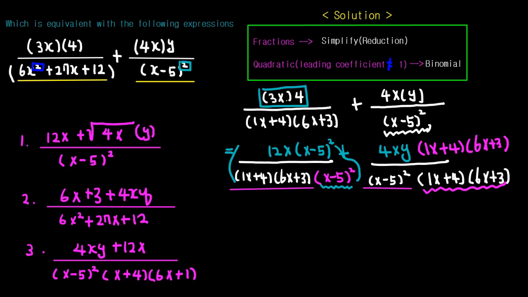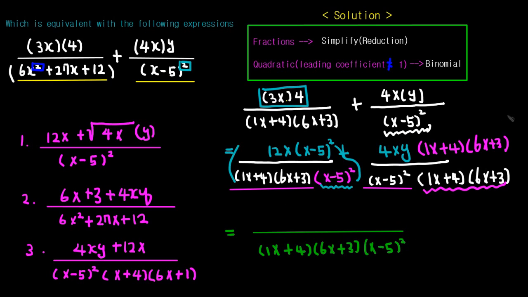And now they share a common denominator, so we can write it one time. So there is our denominator, 1x plus 4 times 6x plus 3 times x minus 5 squared.